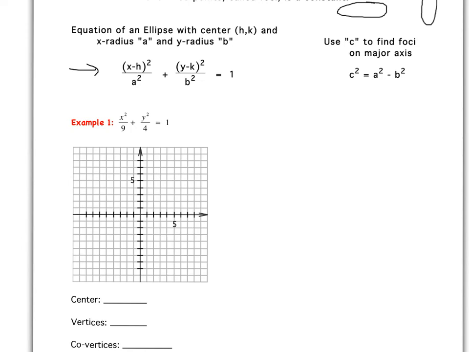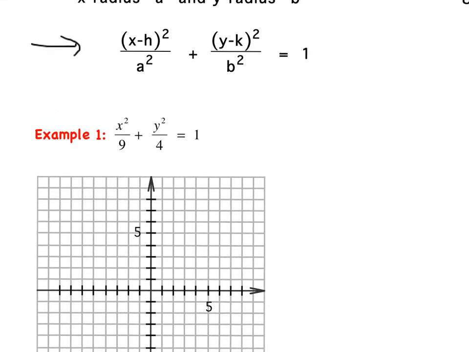So our first example is x squared over 9 plus y squared over 4 equals 1. First of all, we want to identify our center.